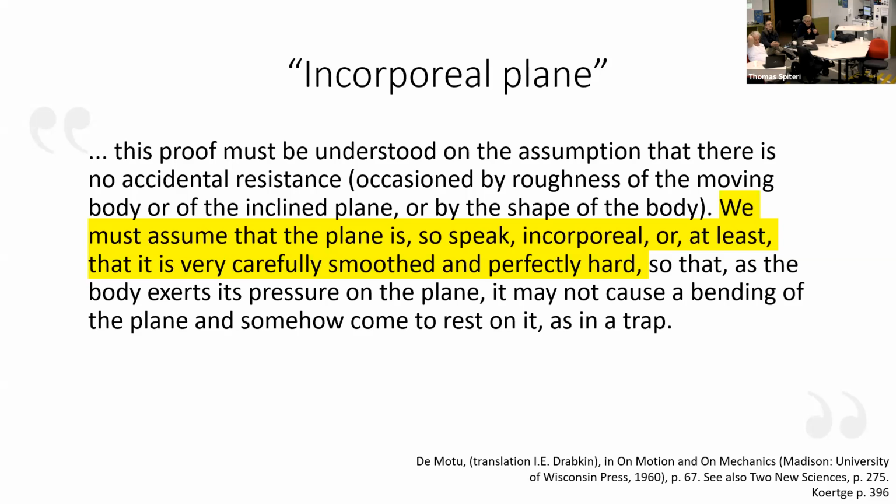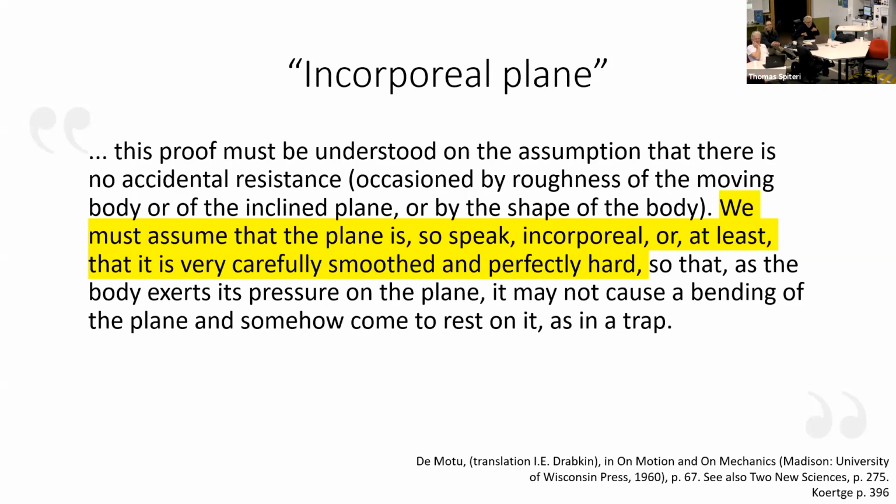So again, he says, this proof of the inverse square law of fall is to be understood on the assumption that there's no accidental resistance occasioned by roughness of the moving body or of the inclined plane or by the shape of the body. We must assume that the plane is, so to speak, incorporeal, or at least very carefully smooth and perfectly hard, so the body, as it exerts its pressure on the plane, may not cause a bending of the plane and somehow come to rest on it as in a trap.